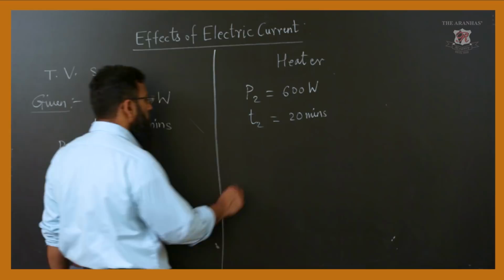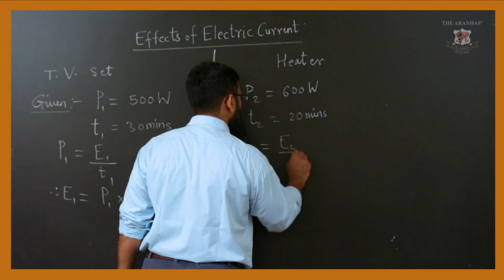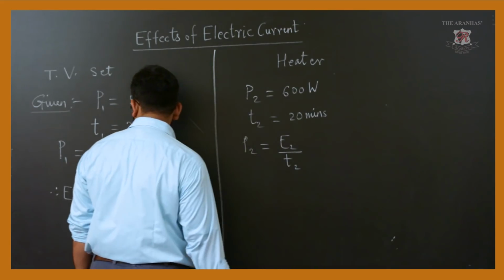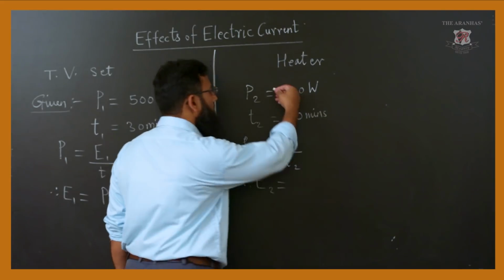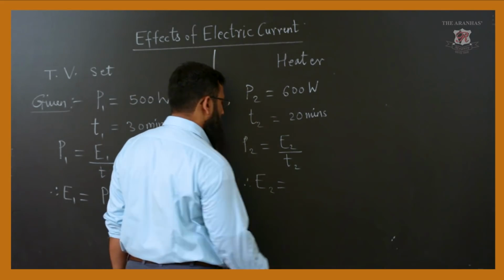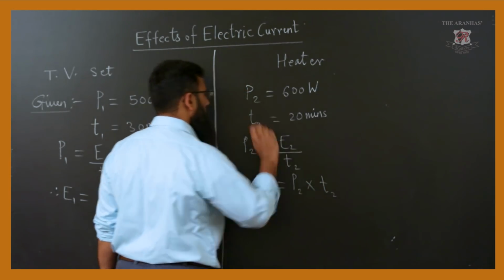Whereas, in case of heater, P2 will be E2 upon T2, where E2 is the energy consumed by the electrical heater. So, E2 will be P2 into T2.